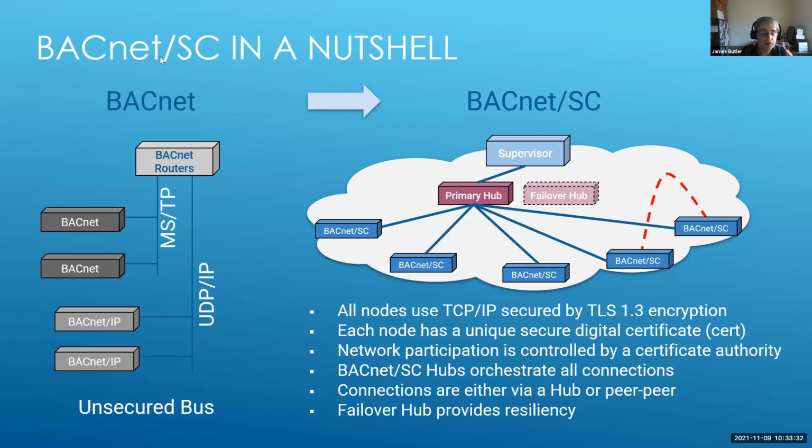So this means if you have a VAV controller that's BACnet/SC, then it will have a certificate, as well as all the larger controllers and the servers. Any device that communicates using BACnet/SC must have a digital certificate, and the right kind of digital certificate. And this allows your network managers to restrict which devices are allowed to join the network.